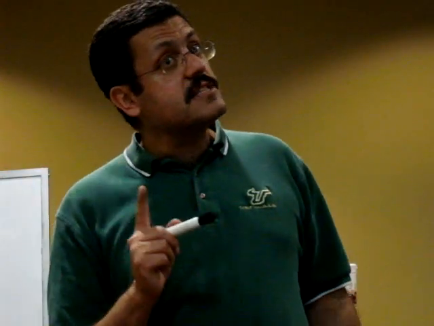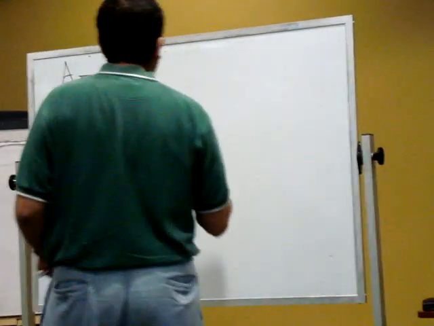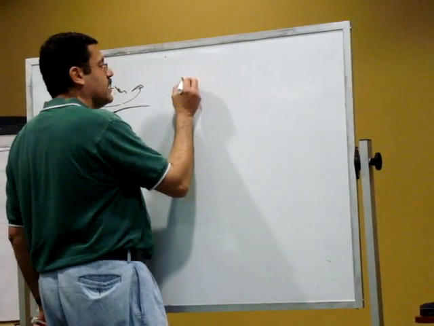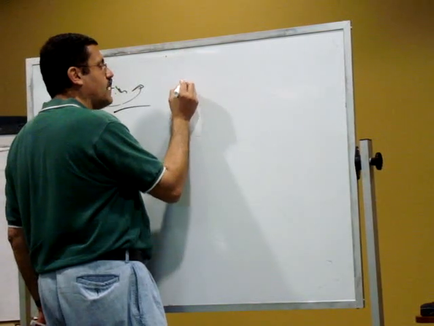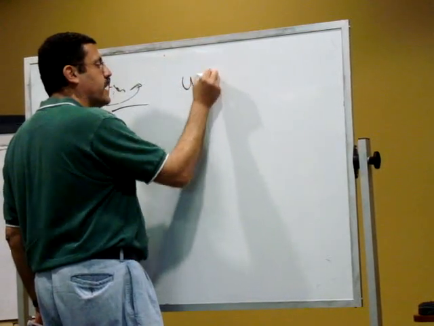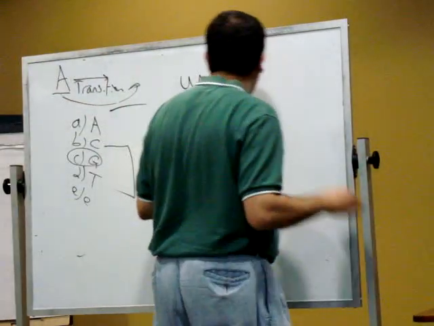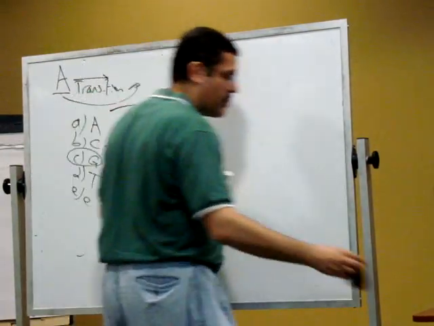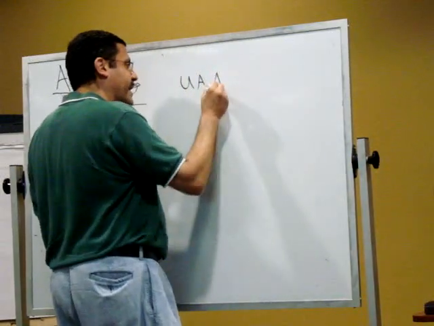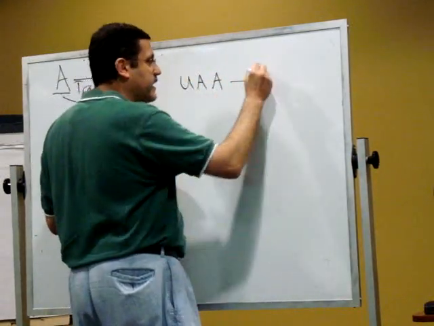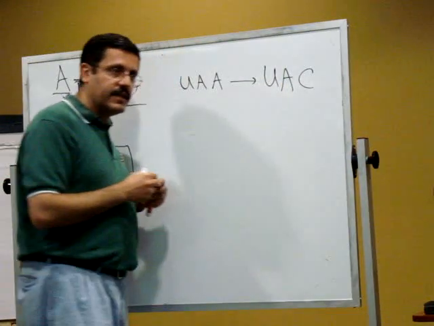For example, you have a mutation that goes from UAA to UAC.